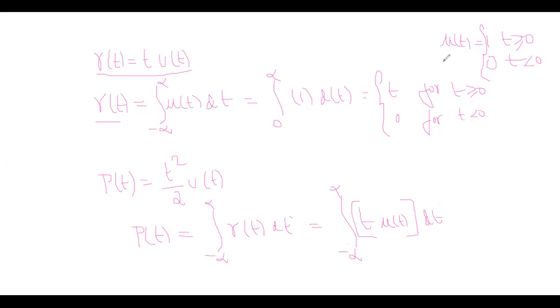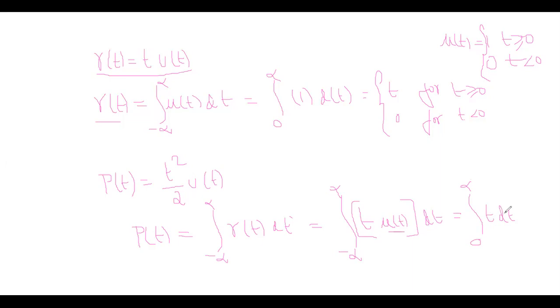What is mu of t? According to this equation, the integral changes from 0 to infinity: t into dt. My dear students, I am substituting mu of t equal to 1 in the range 0 to infinity. For the remaining range, minus infinity to 0, the value is 0.